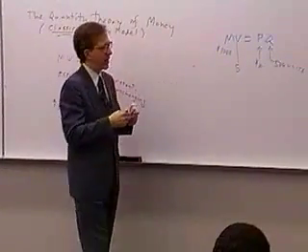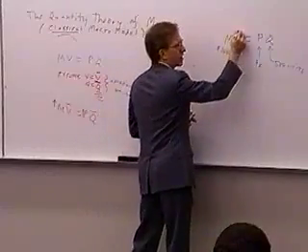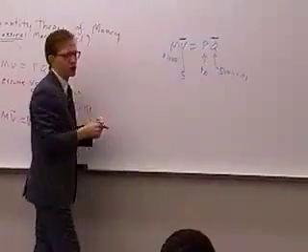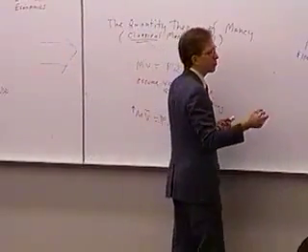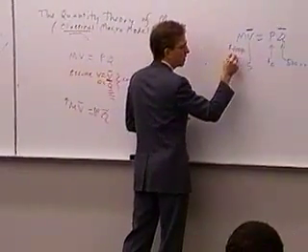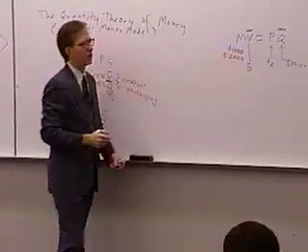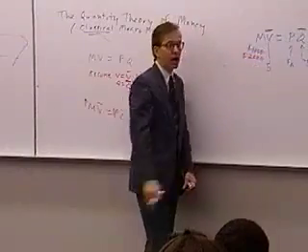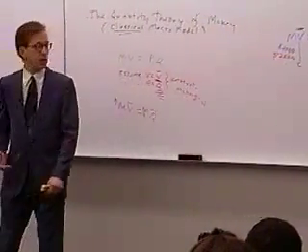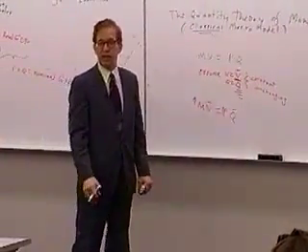Now, assume velocity does not change and Q does not change. And let's just make the money supply now $2,000. If the money supply is $2,000, and each dollar gets spent 5 times during the year, there's $10,000 worth of spending now.